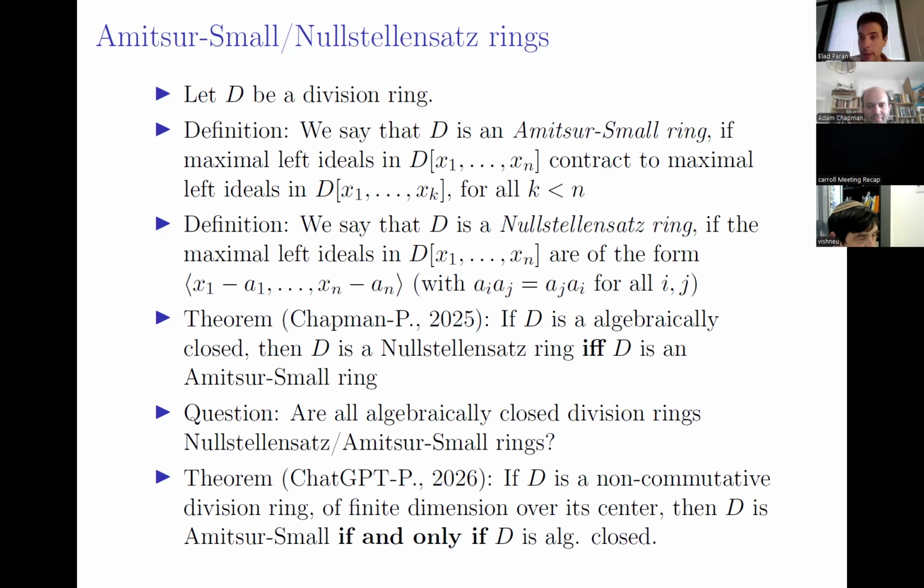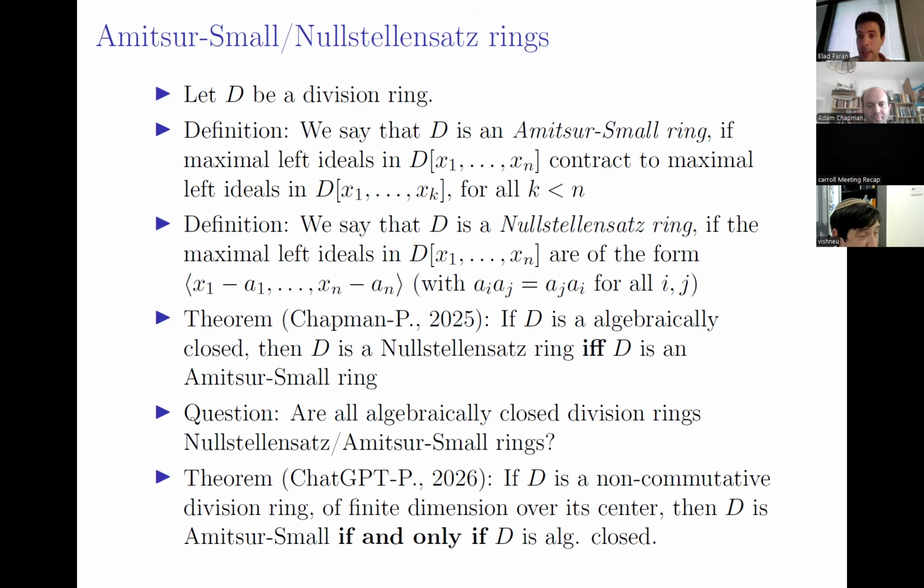If you have a non-commutative division ring D of finite dimension over its center, then D is Amitsur small if and only if D is algebraically closed. And this is also equivalent to saying that D is a quaternion algebra over a real closed field. So we have a complete answer in the centrally finite case.